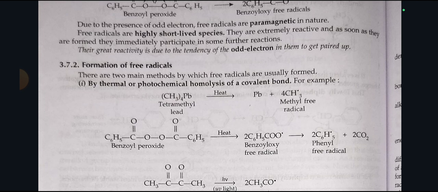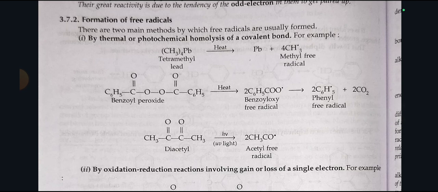Due to the presence of odd electrons, free radicals are paramagnetic in nature. Free radicals are highly short-lived species. They are extremely reactive, and as soon as they are formed, they immediately participate in further reactions. The greater reactivity is due to the tendency of the odd electrons in them to get paired up.